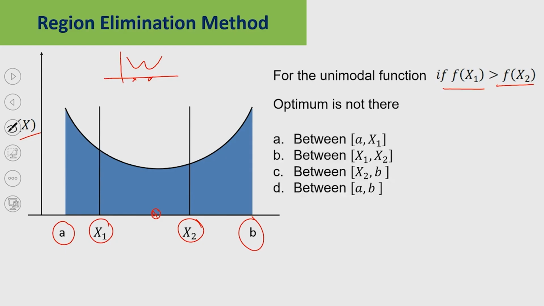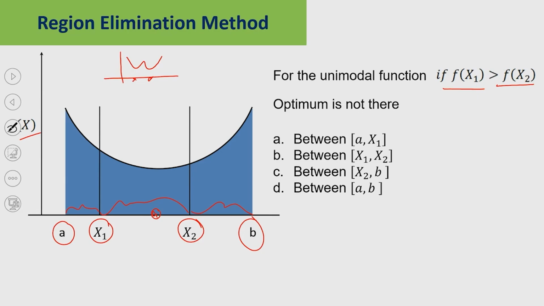Optima is not there between a and x1, optima is not there between x1 and x2, optima is not there between x2 and b, and optima is not there between a and b.